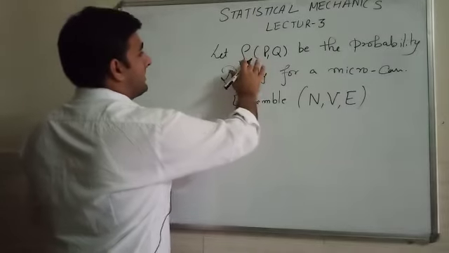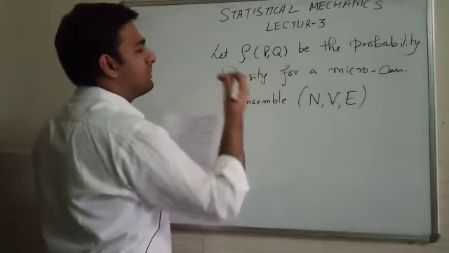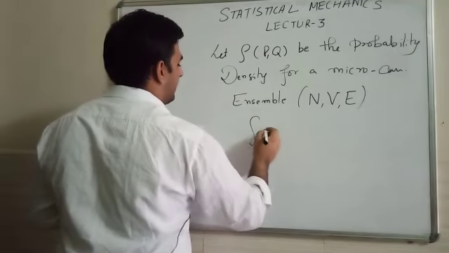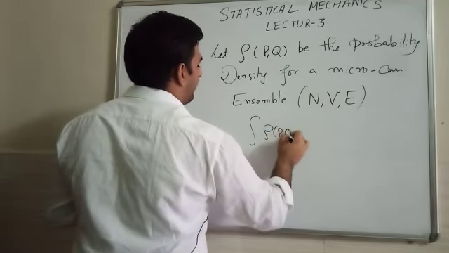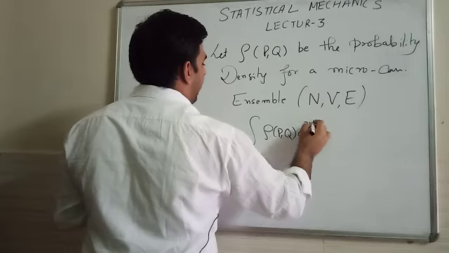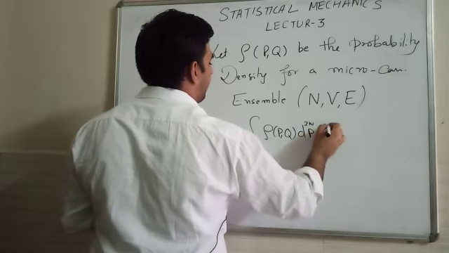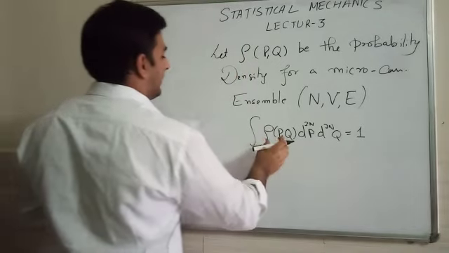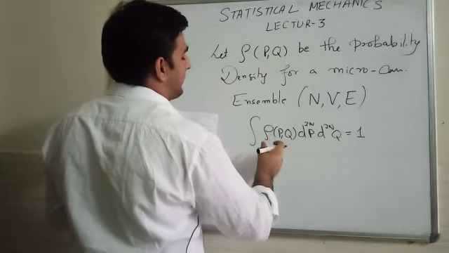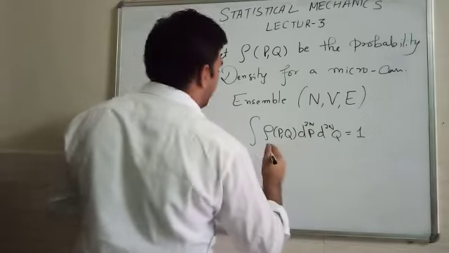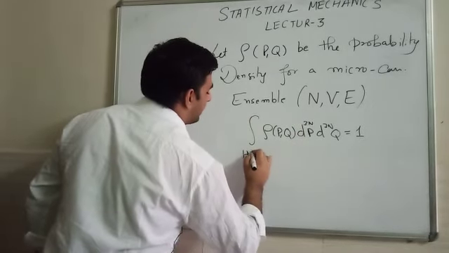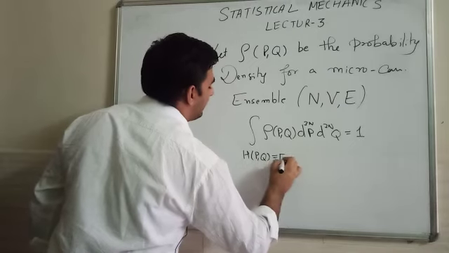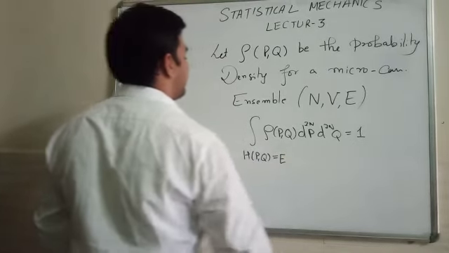Now, for this density function to be a probability density, it must be normalized. So the integral over rho(P,Q) d3N P d3N Q must be 1, where the P, Q values cannot be taken arbitrarily, but must satisfy that the Hamiltonian of the system always has the value E, the energy of the system.